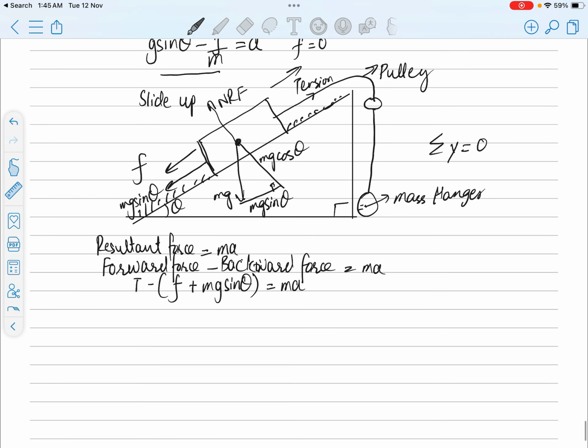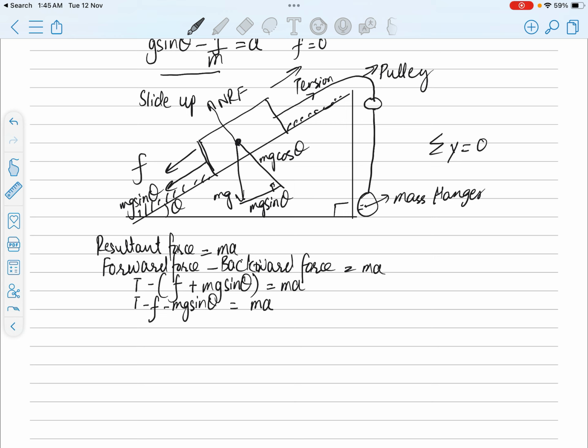In this case, we will imagine that the body is not in equilibrium, it is moving, meaning it is accelerating up. T minus F minus mg sine of theta equals ma.